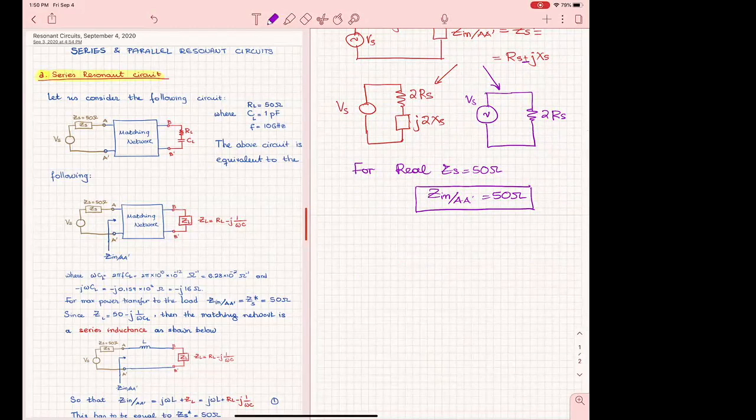Do I need, if I use a transmission line, is that gonna be good enough by itself, or would I need something else in addition to it? We have a complex load at the end.